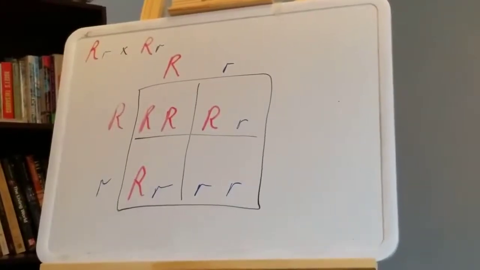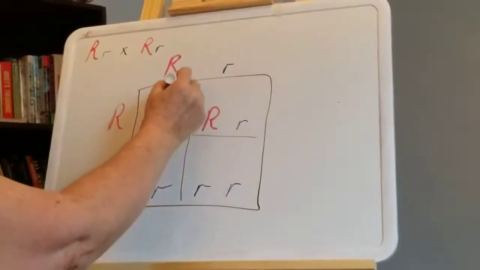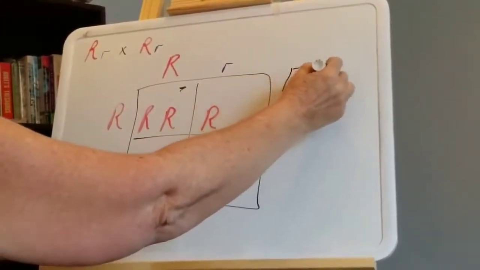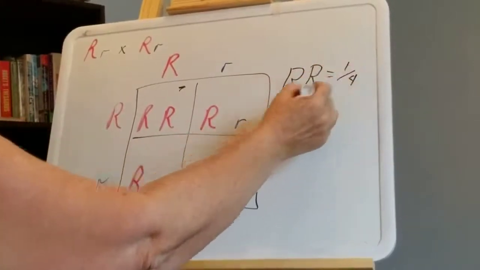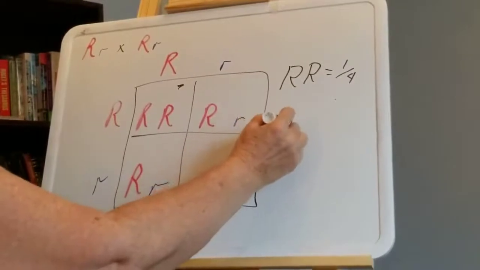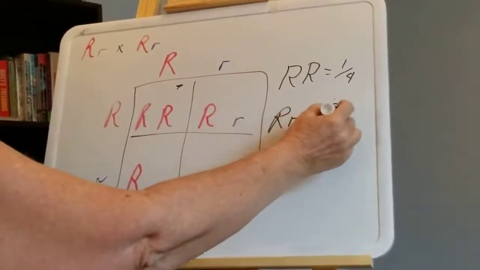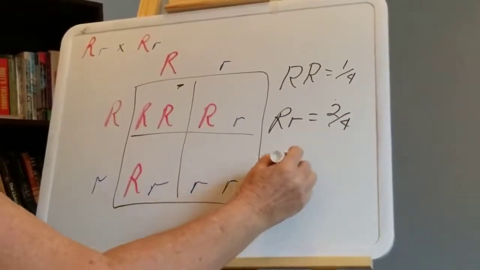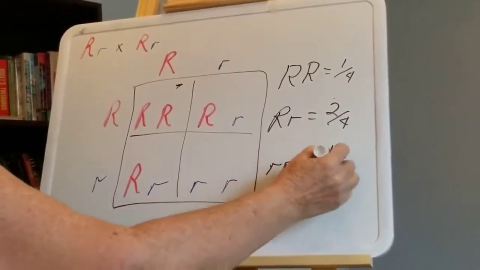Now, what do we have in terms of genotype? We have right here a big R, only 1 out of 4. We have 2 out of 4, a big R, little r. And then we have a little r, 1 out of 4.